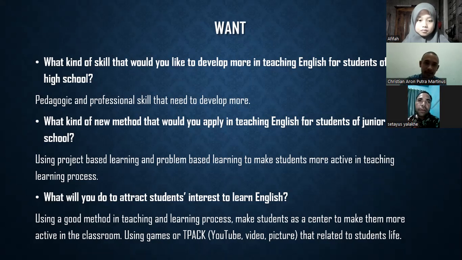Next, what will you do to make students interested in learning English? Using a good method in teaching and learning process, to make them more active in the classroom, using games or YouTube videos and pictures that relate to students' lives.